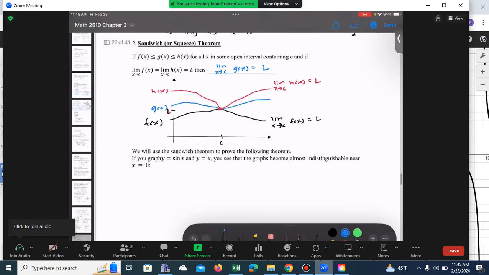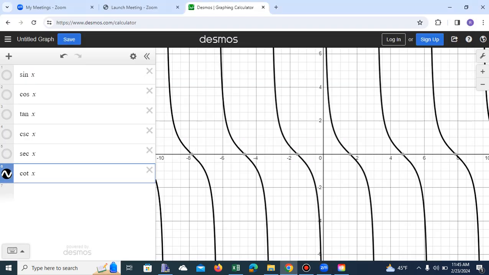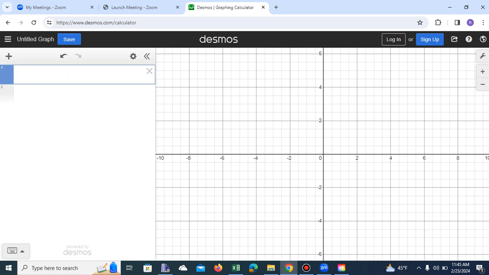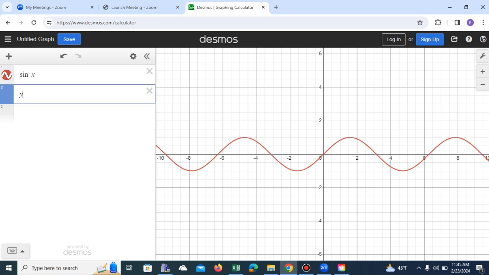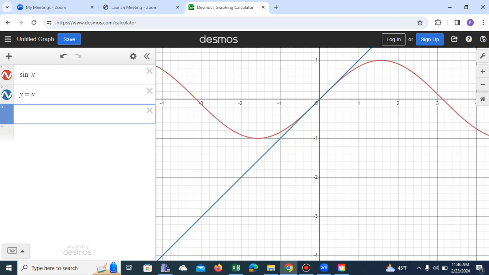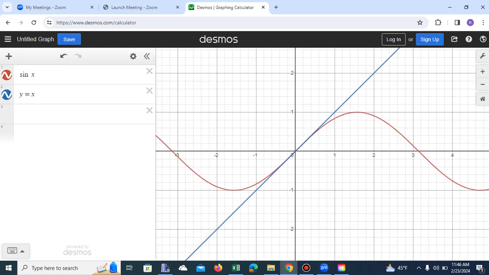Alright, so let's look at sine of x and y equals x. And we can zoom in on where x goes to 0.